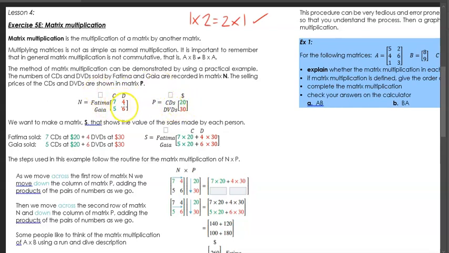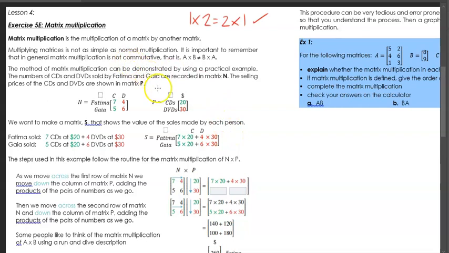And then also multiply 4 by $30 to get its respective price. With these two amounts, we just add them together, which is what this sentence is here: 7 CDs at $20, 4 DVDs at $30. That's just 7 times 20 plus 4 times 30.